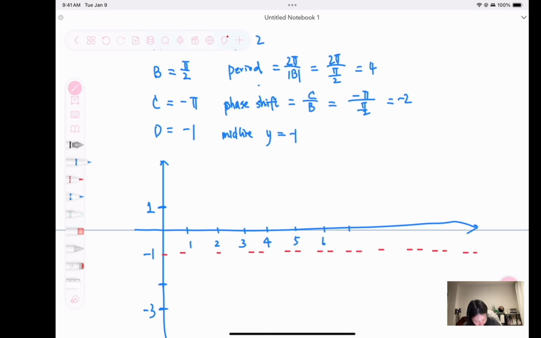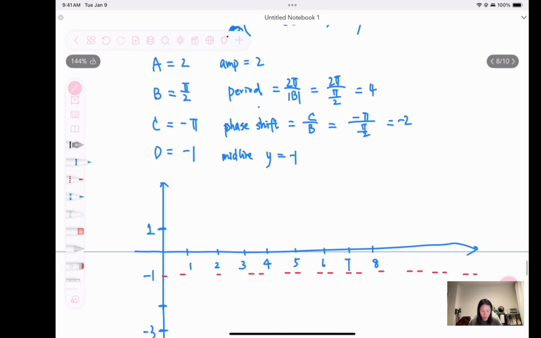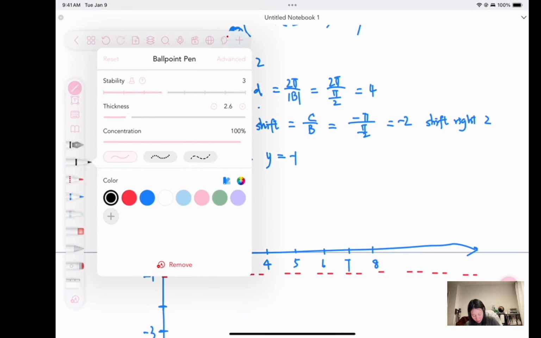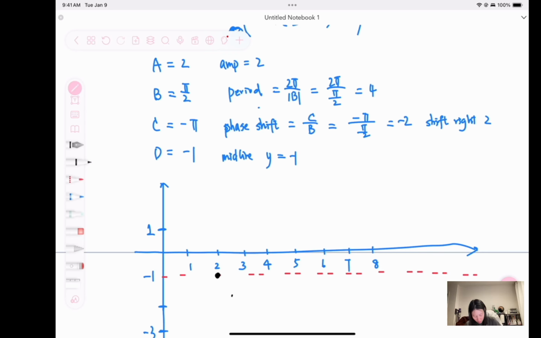And this is a sine function, and we know that this is going to shift to the right 2 units. So the function is going to start in here, at the midpoint, because it's a sine function, so it starts at the midpoint. And since it shifts to the right 2 units, it means starting here. And then we know that it's going to be repeating every 4 units.